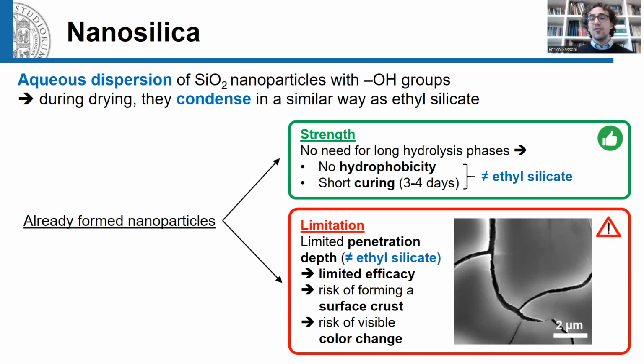So the advantage is that basically the hydrolysis phase has already taken place. So this consolidant causes no hydrophobicity, and curing can occur in a matter of a few days instead of months. However, because now you are applying a nanodispersion and not a solution, there could be issues of low penetration into the substrate and formation of a surface crust, which alters the appearance, the color of the stone.